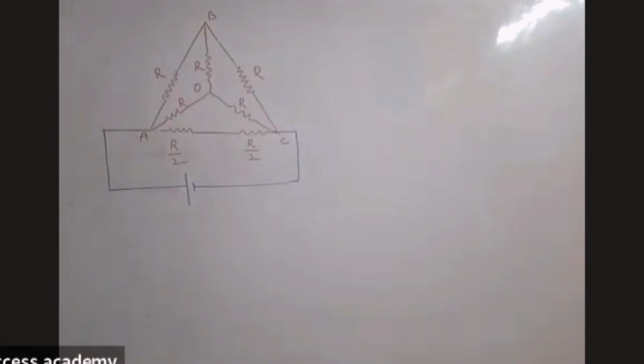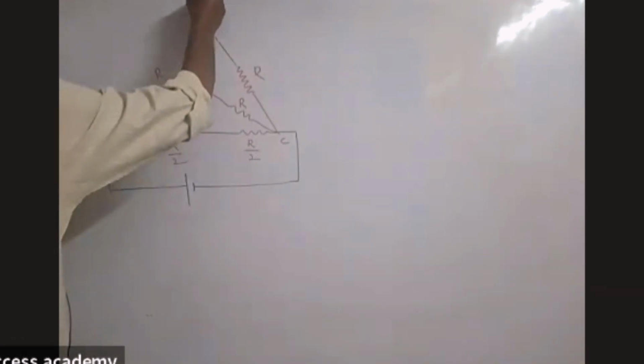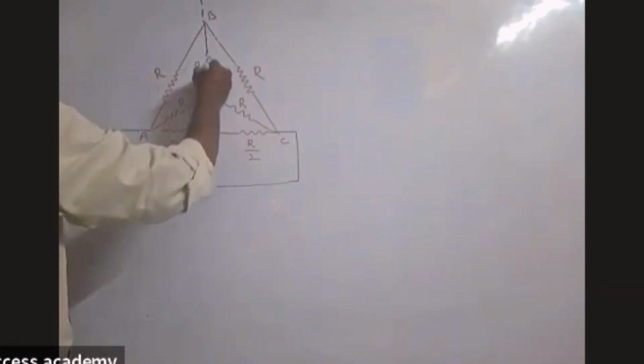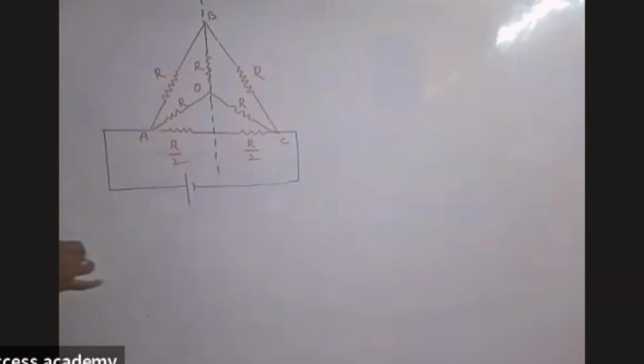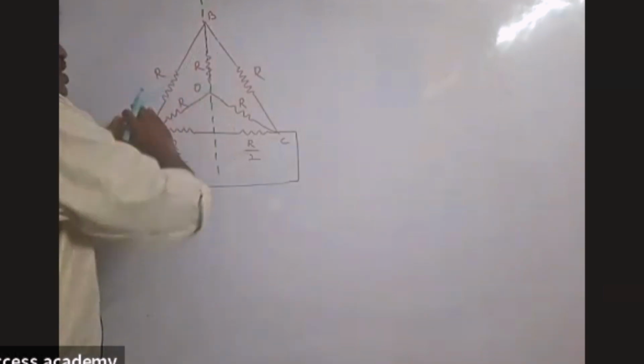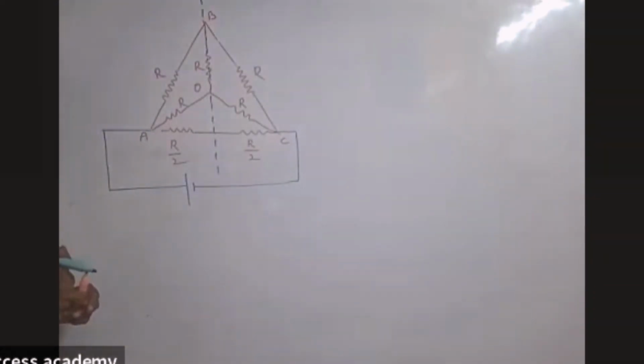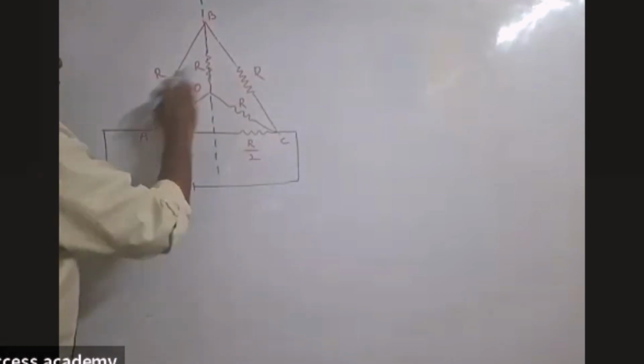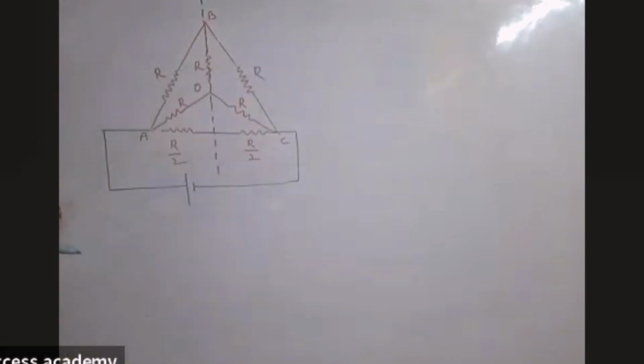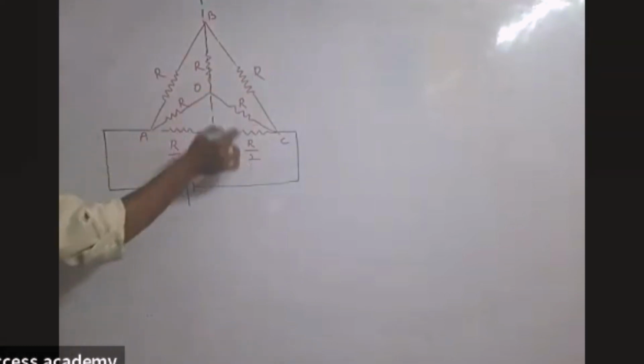With respect to this, I need to calculate in the form of symmetry. So I am taking this as the reference line. With respect to this reference line, this side part is symmetric to that side part. The left side part is symmetric to the right side part. As with the left side part, the right side part consists of R by 2, R by 2.